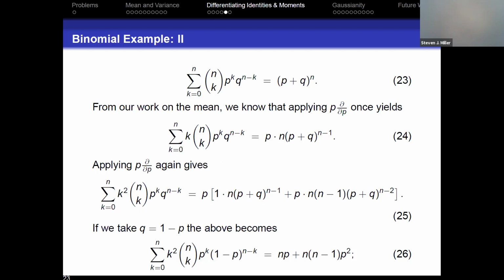Now is the point where life gets much better. Equations 24 and 25 hold for all values of p and q. Why is it good to choose q to be 1 minus p?